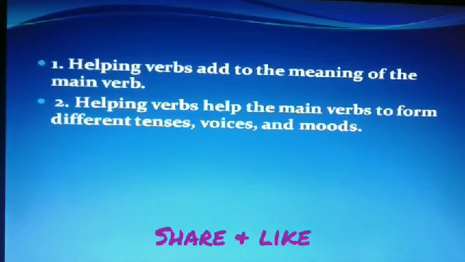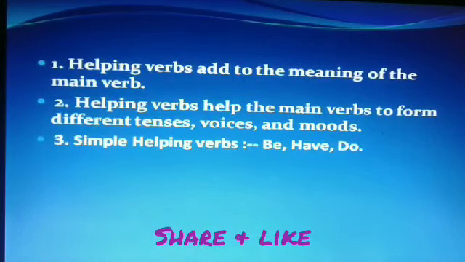You know different tenses: past tense, present tense, and future tense, and there are different types of past tenses. There are two types of voices: active and passive voices, and three types of moods: subjunctive mood, imperative, and indicative mood.